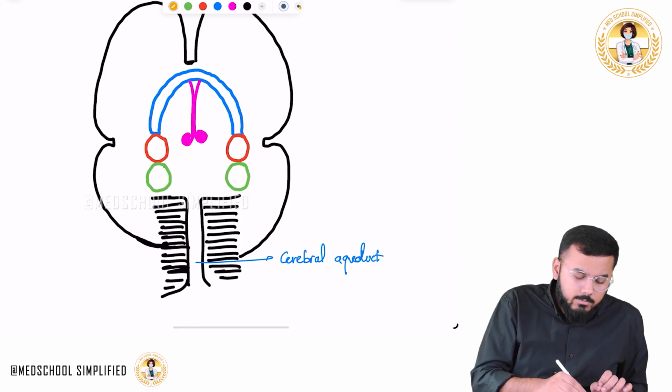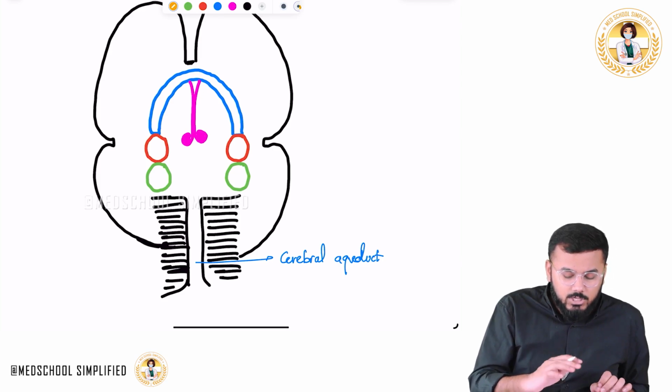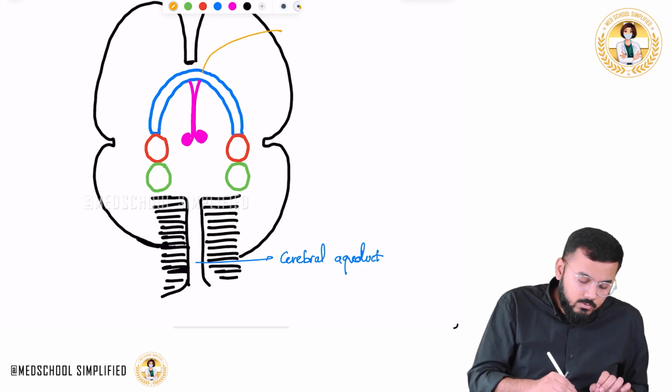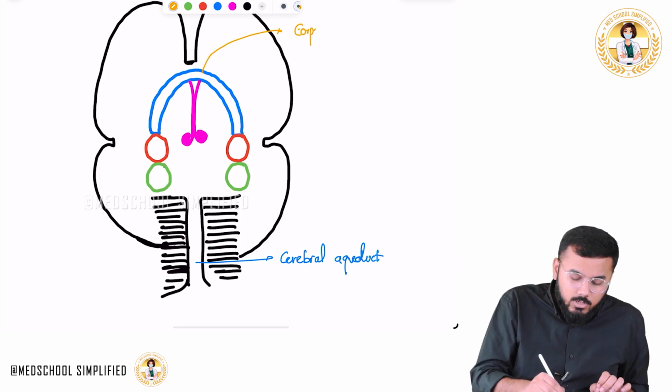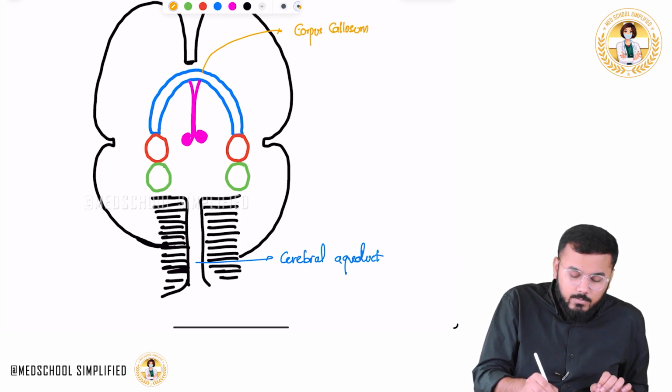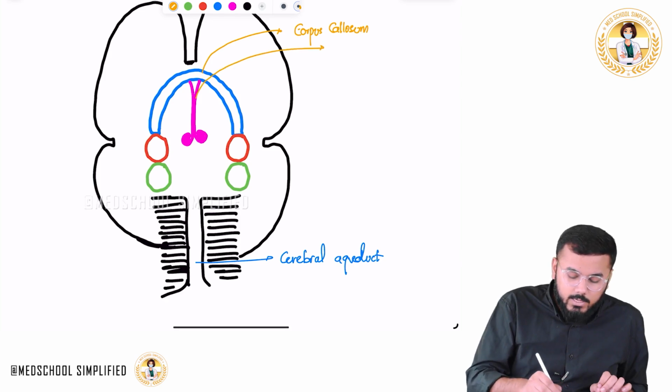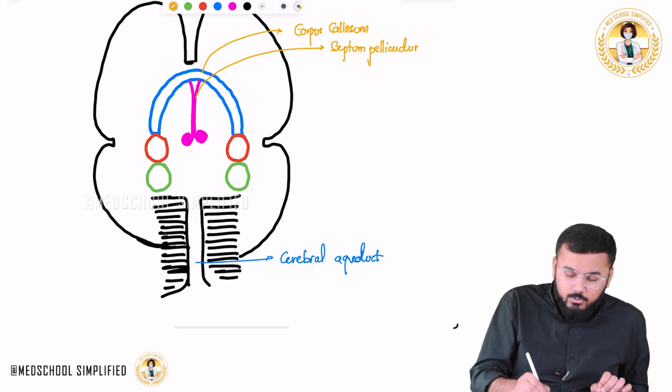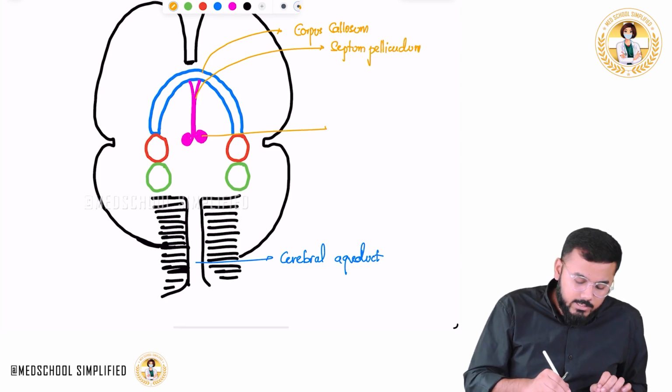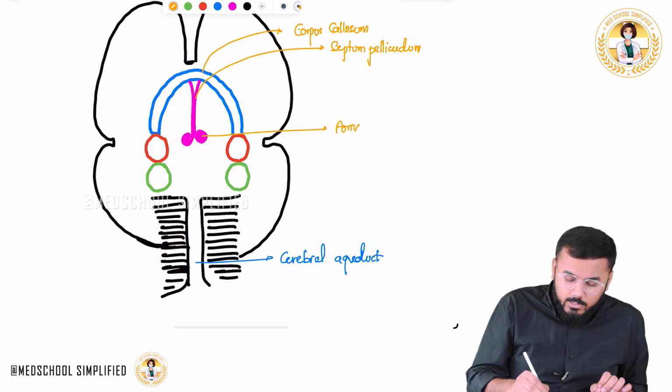Okay, so the same things which we have discussed, now we have just changed the position, that's all. So this one is your corpus callosum, this one is your septum pellucidum, and obviously this part is your fornix.